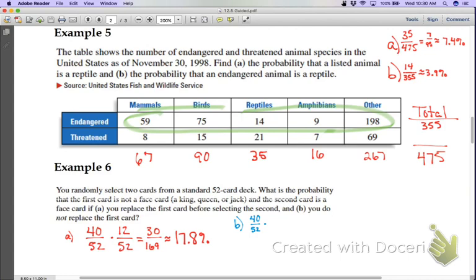What's the chance, if I draw one out and I didn't take a face card away, of me drawing a face card the second time if I did not put a card back into the pile? 12 out of 51. Because I didn't put a card back in the pile.